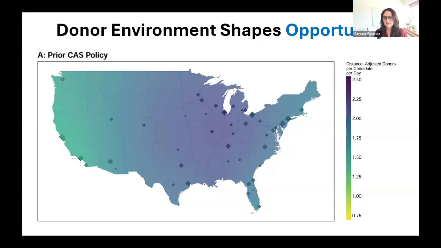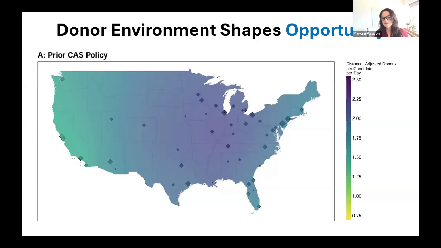What I want you to notice here is that these patterns are not randomly distributed, even under the prior iteration of the CAS, which is what I'm showing you here. There are regions in the country where donor opportunity is consistently higher, and there are areas where donor opportunity is consistently lower. Even within the continuous distribution framework, donor opportunity is not uniform. Candidates listed in different donor environments experience very different levels of opportunity.